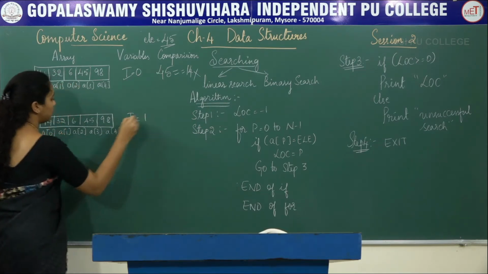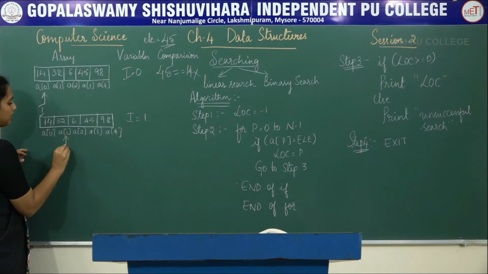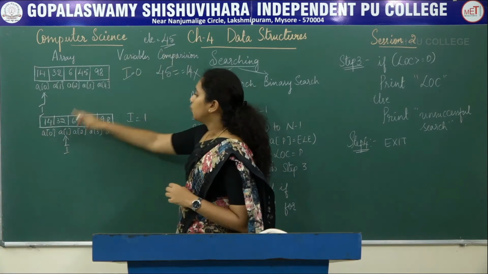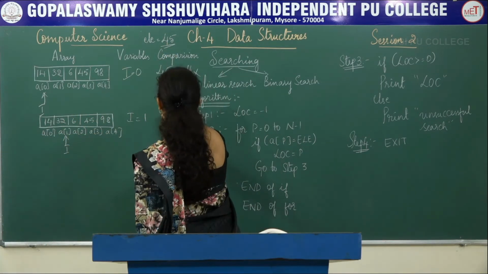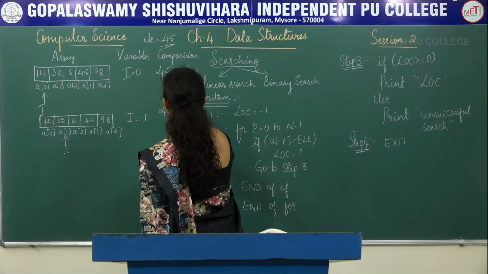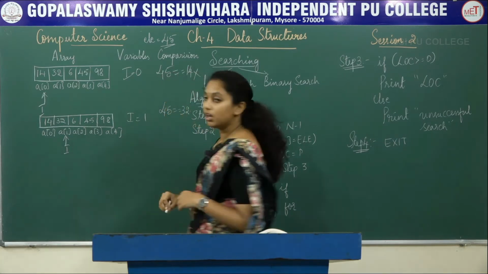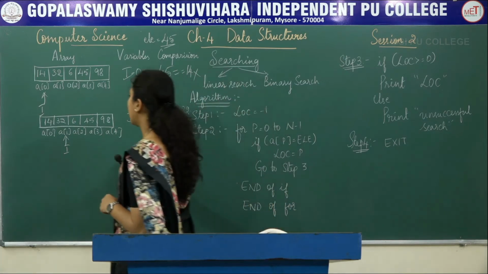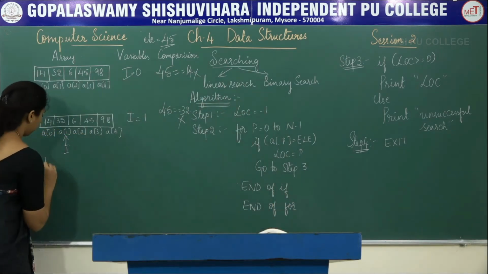I becomes 1. Now I am comparing 45 with 32. Is 45 equal to 32 or not? This is wrong. Hence I gets incremented.